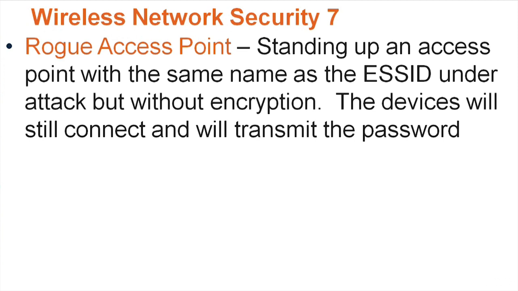In the realm of RF, the strongest signal gets the connection. So if I have one that's transmitting at 400 milliwatts and I stand one up that's transmitting at 600 milliwatts, everyone will connect to this one unless they're extremely close to this guy. So it's all about proximity. Whoever's closer to the access point is going to get the strongest signal.